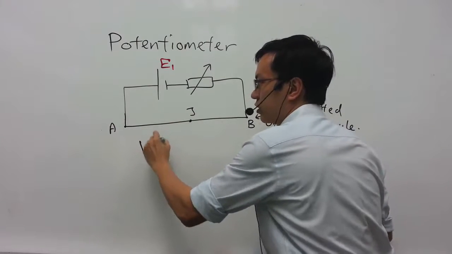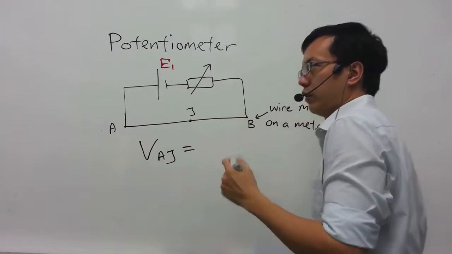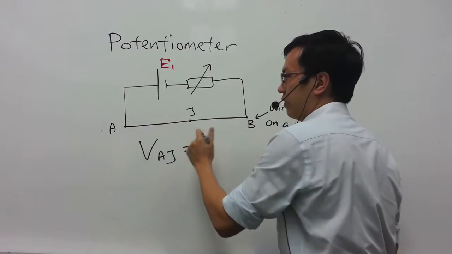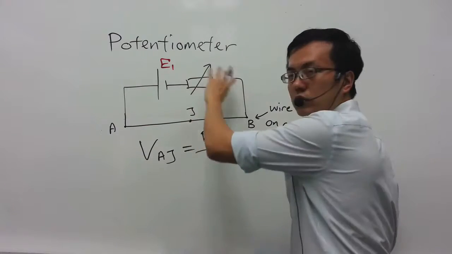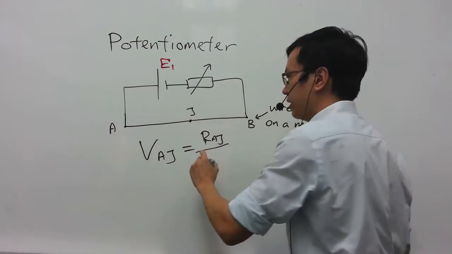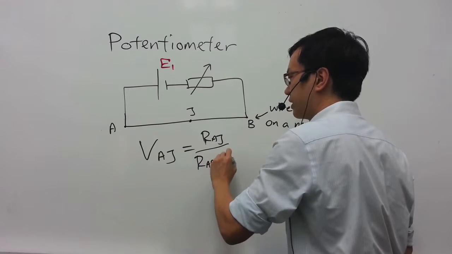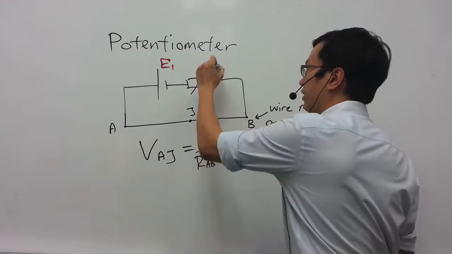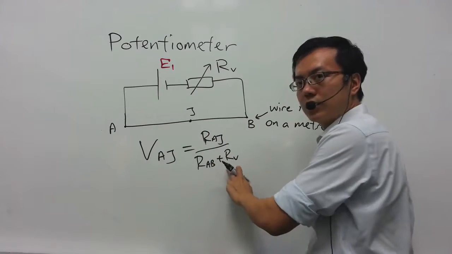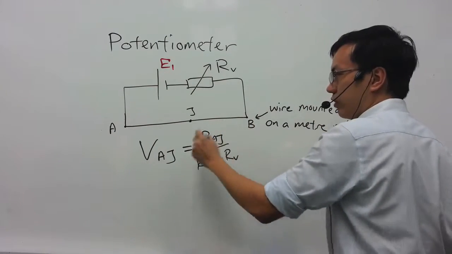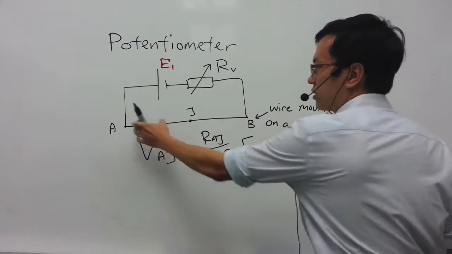The potential difference across AJ will be the fraction of the resistance of AJ to that of the total resistance in this primary circuit, which is the resistance of AB plus the variable resistor that we have here. Of course, if the battery has an internal resistance, then we need to include the internal resistance in here. This ratio multiplied by the EMF E1 will give you the potential difference across AJ.